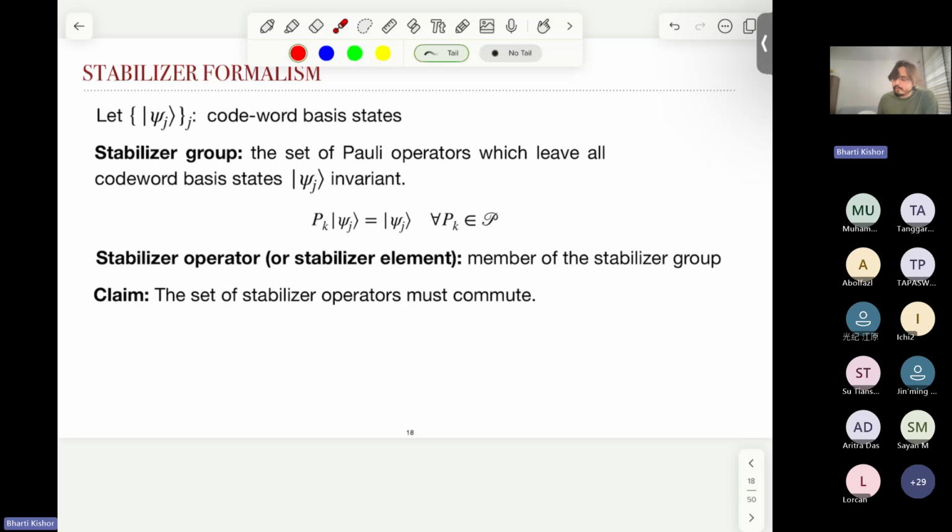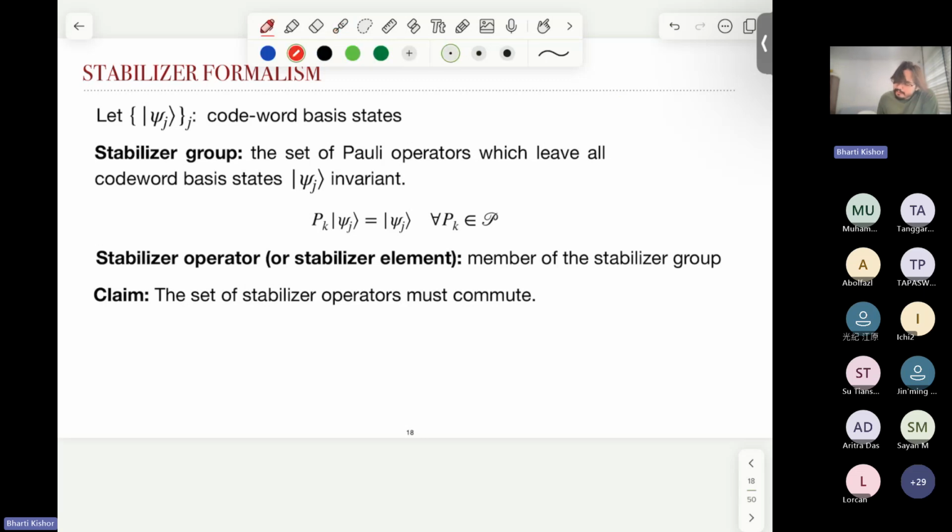A stabilizer operator or stabilizer element is nothing but an element of this stabilizer group. So you have some subspace spanned by your codeword basis states, and the elements of the stabilizer group leave that entire code space invariant.